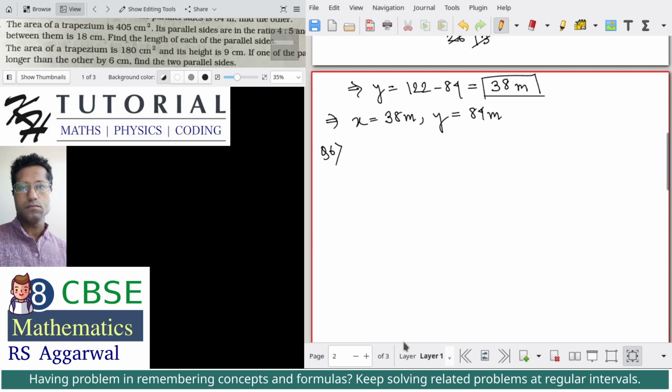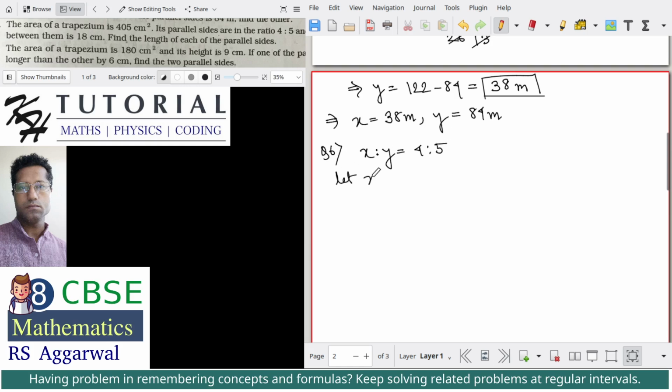The area is given as 405 centimeter square. The parallel sides are in the ratio 4:5. So definitely we can say we have x is to y is given as 4:5.